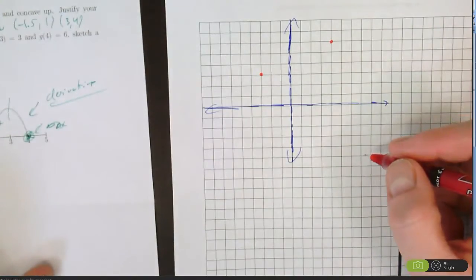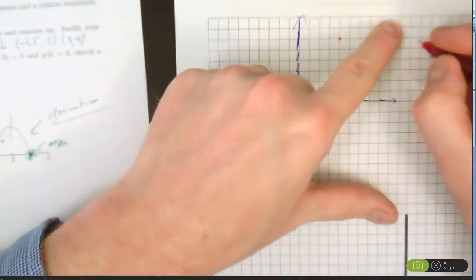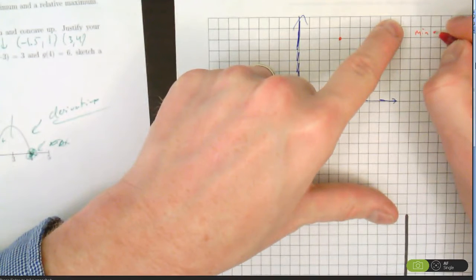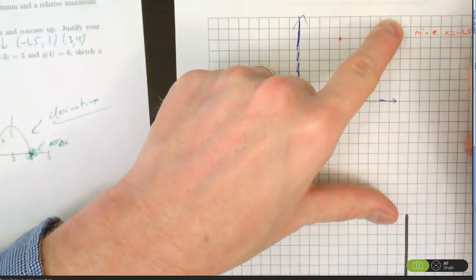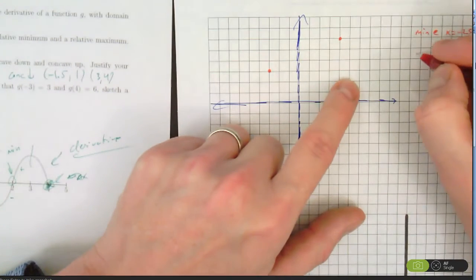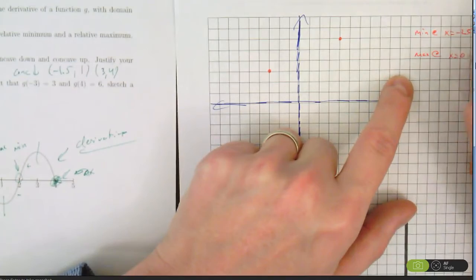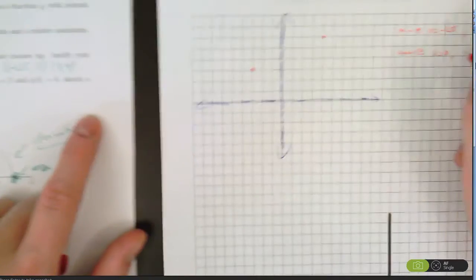But I know I have a minimum at x equals -2.5 and at x equals 2. Okay. Max at x equals 0, and that's it. Yeah, that's the only max I've got.